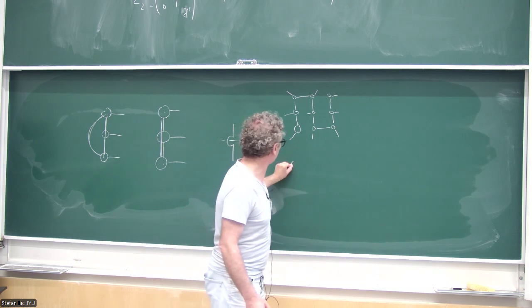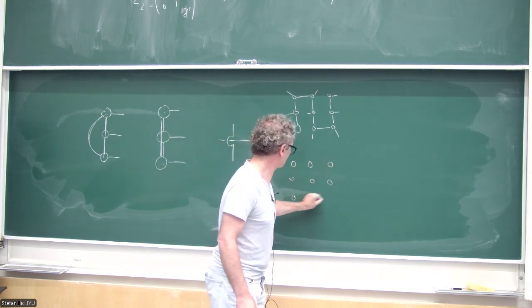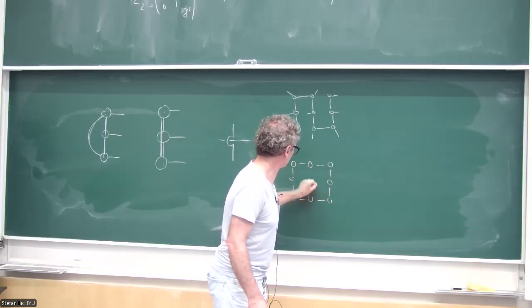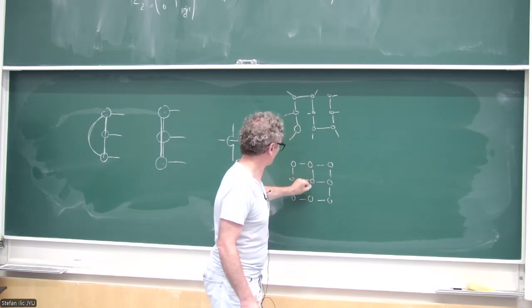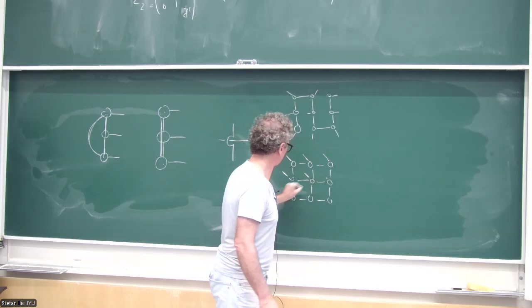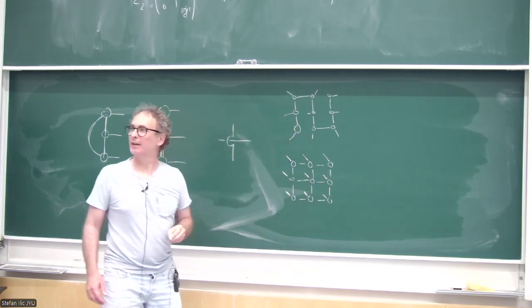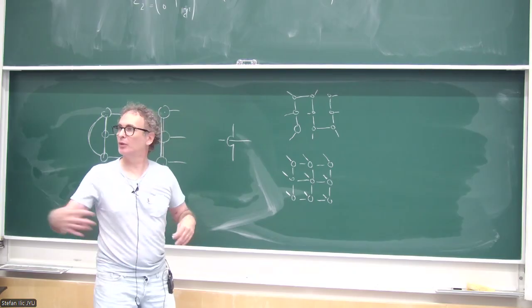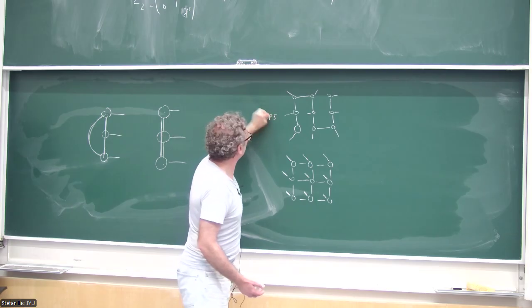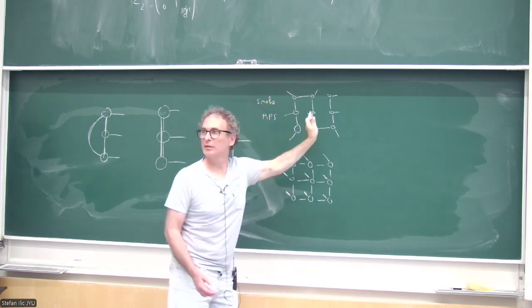Another possibility would have been to use this network. So now everybody is connected to his actual physical neighbor. So this is an MPS called the snake ordering.